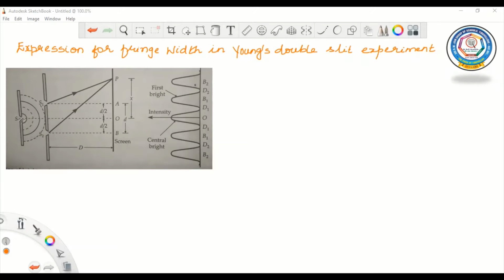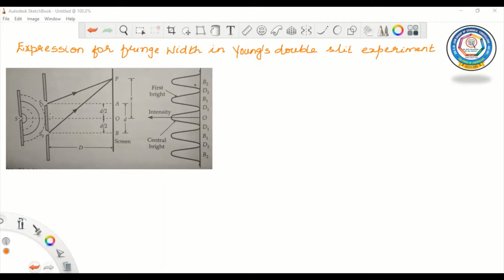Let us consider a narrow slit S illuminated by monochromatic light of wavelength lambda, and S1 and S2 are two narrow slits at equal distances from S. The slits S1 and S2 act as two coherent sources, and they are separated by a small distance d. That is, the distance between S1 and S2 is small d.